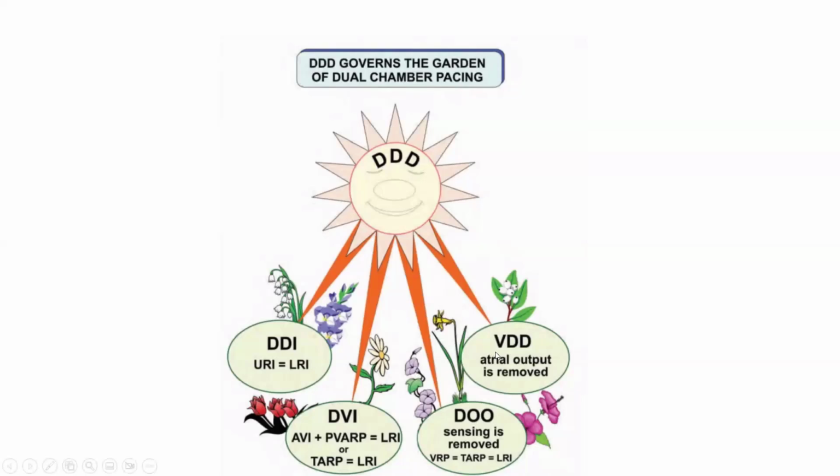So if I have a patient with normal sinus node function, the VDD will act exactly as the DDD. It will just follow the atrial impulses and the P waves, and this will not cause a problem. But if the patient goes into sinus node dysfunction, it will act pacing just the ventricle like a VVI, not pacing the atrium because it lacks the pacing ability of the atrium.